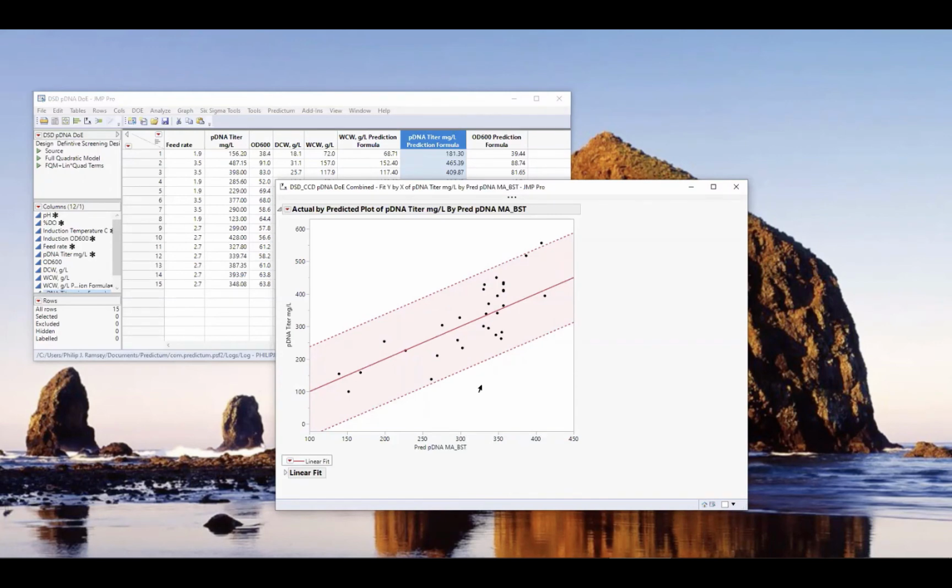Remember, in an actual by predicted plot, if your model is predicting accurately, then this model should have a linear trend with the points randomly distributed about the diagonal line. So you can see this is actually a pretty good fit. In fact, I'll do one other thing for you. I can show you right here. Okay.